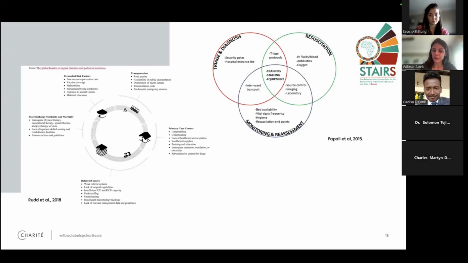And outcomes very much depend on the speed of treatment, and a third delay in the area of monitoring and reassessment.